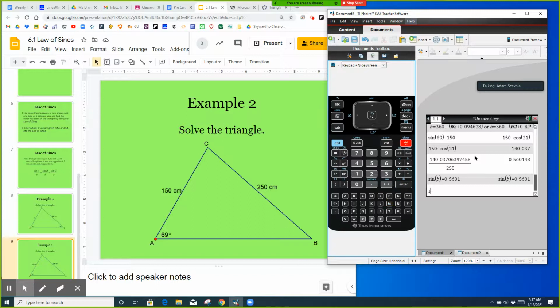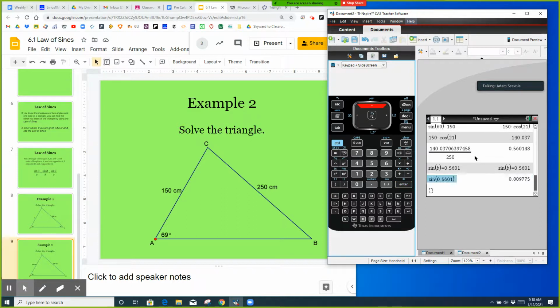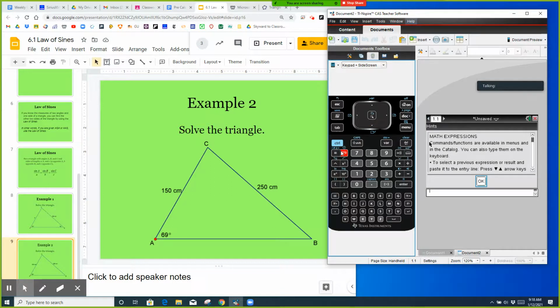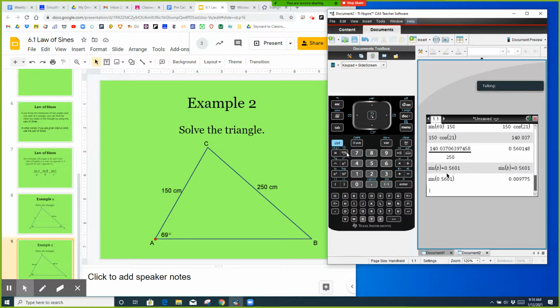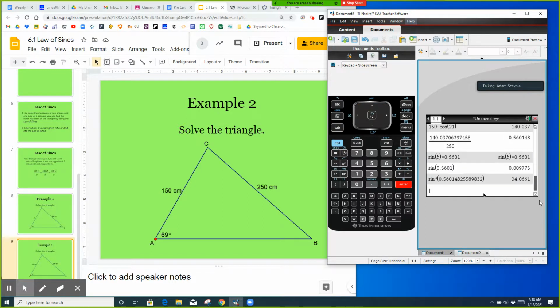So I'm just going to do the sine inverse of 0.5601. Oops, I didn't do sine inverse. I've got to do sine inverse of this ratio here. I get 34 degrees.